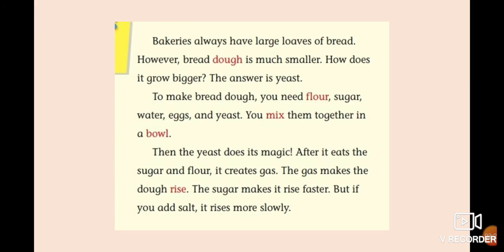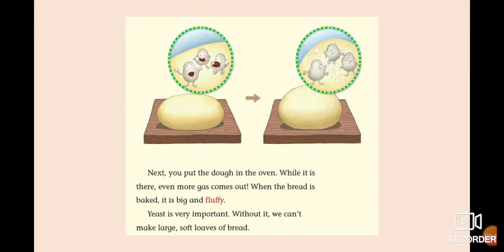You mix them together in a bowl. Then the yeast does its magic. After it eats the sugar and flour, it creates gas. The gas makes the dough rise. The sugar makes it rise faster, but if you add salt, it rises more slowly.